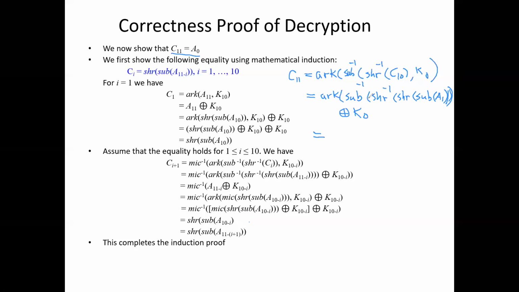Okay, so these two cancel each other out. After that, subs cancel each other out. After that, what we are getting, sorry, we don't have this. Okay, let me rewrite it again.